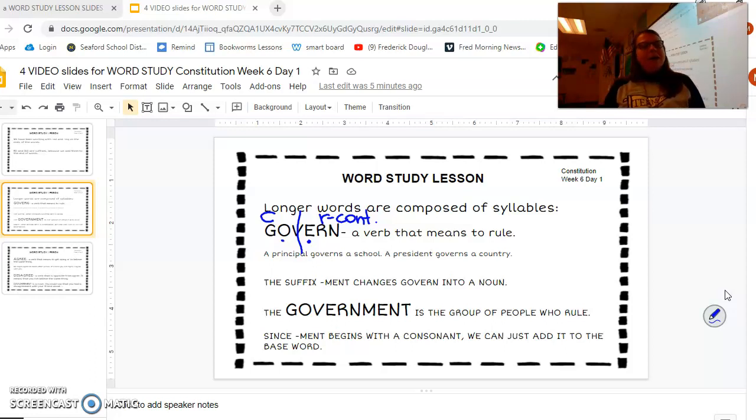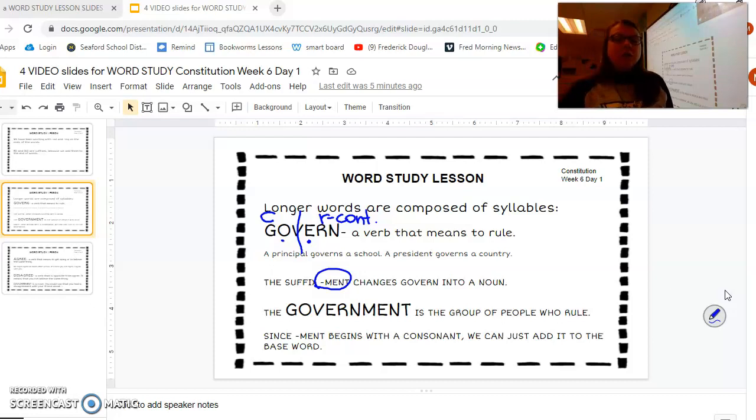Now, if I add a suffix ment to the word govern, there is a suffix. So this is a third suffix that we will talk about. We know ed and we know ing. Ment is a suffix too that we add at the end of the word. And if I add the suffix ment to the word govern, it's going to change my word into government.